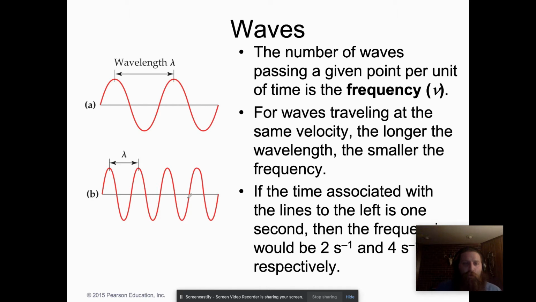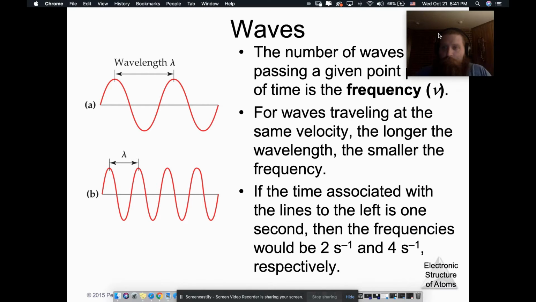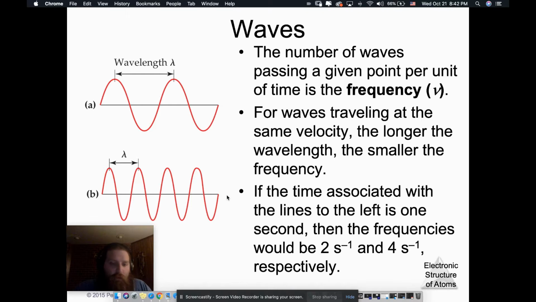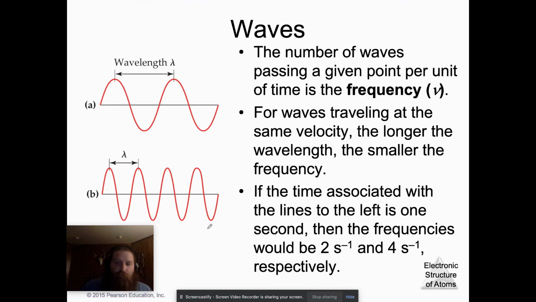V is actually saved for velocity in physics. So I'm going to use F for frequency just because that's a better, in my opinion, unit. But in your textbook, when you're doing your reading, you will see it as V.